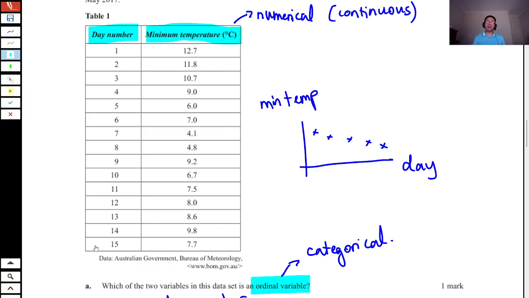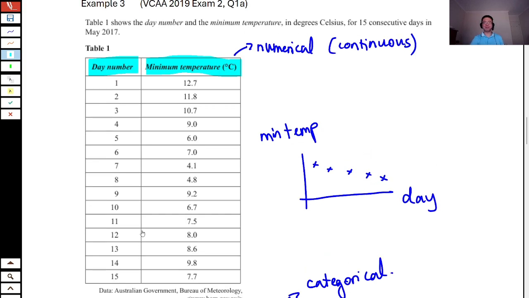So that's why some people would argue that the day number in this particular table, in this context, without any further prompts, is an ordinal variable. Okay? Suddenly, classifying data doesn't seem so easy, does it?